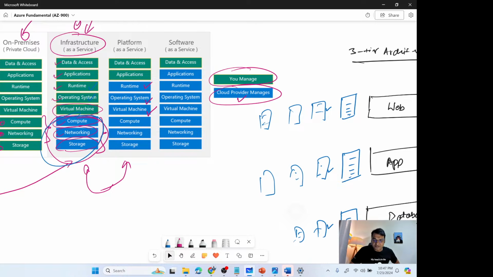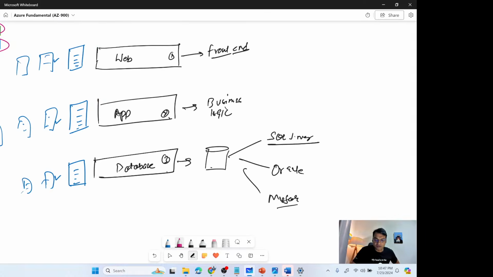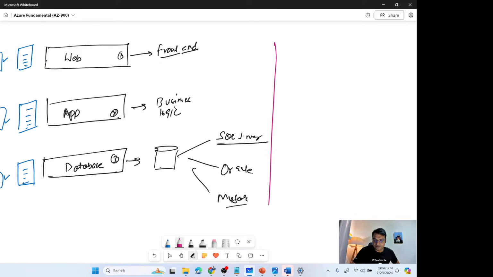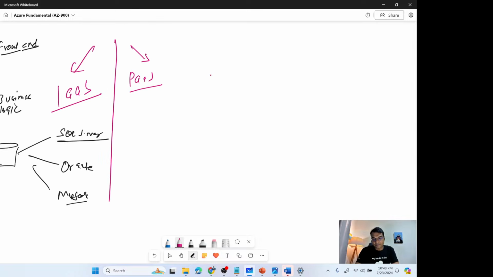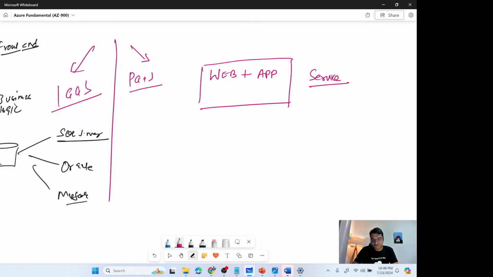What could happen is that now Azure might say, okay, fine. This side you have IaaS implementation. On the other side, if it becomes PaaS, how you can do it is that all the website code, let's say front end code and the app layer code, you basically package it into one service.